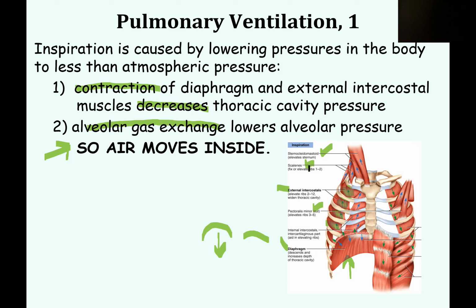So there's normal and then there's forced. Of these two, the biggest impact on inspiration is contracting of the diaphragm and external intercostals. And that's what we're going to see on the second slide.